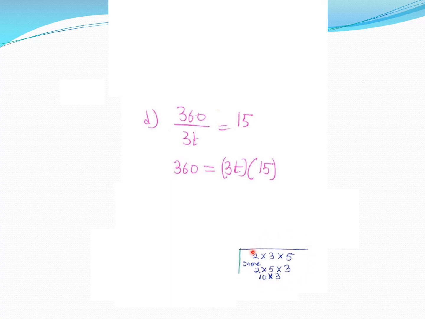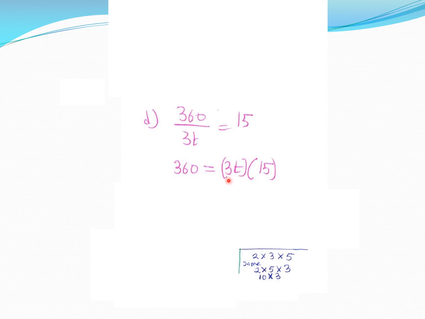So there's all sorts of ways we can write this question here. But the value will always come out to be 30. 2 times 3 is 6, times 5 is 30. Swap the 3 and the 5, for example, and you get 2 times 5 times 3, which is still 30. 2 times 5 is 10, times 3 is 30. So we're going to apply that here now. We're going to swap the order of the t and the 15.